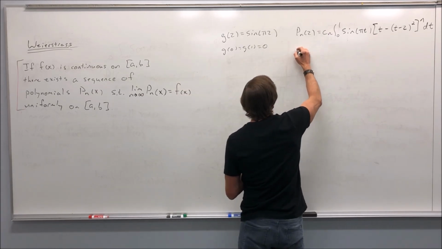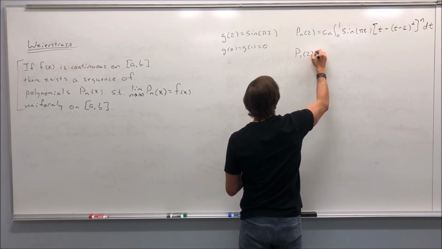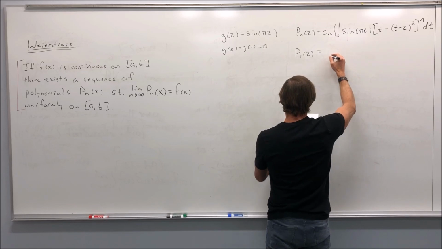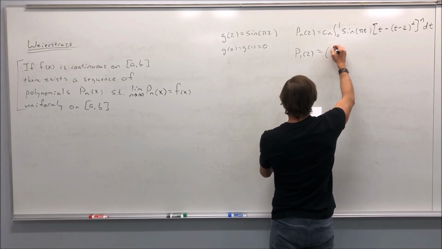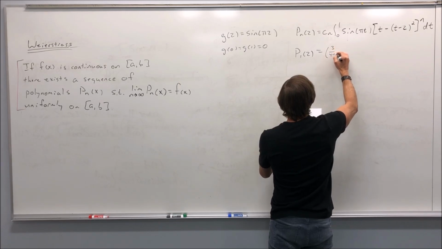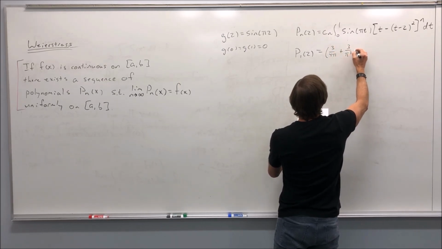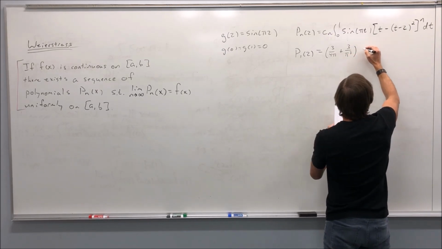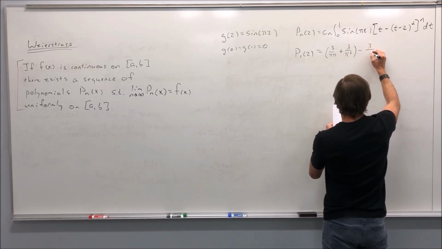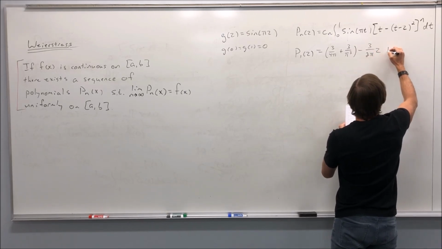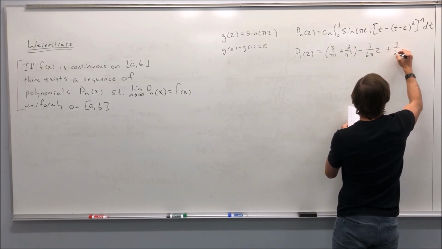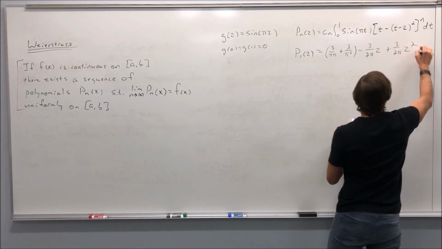This is going to give me, for P1, oh my goodness, so ugly. It's going to give me the following: 3 over 4 pi plus 3 over pi cubed, minus 3 over 2 pi times z, plus 3 over 2 pi z squared.